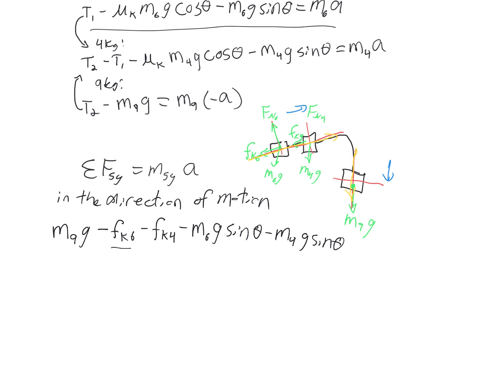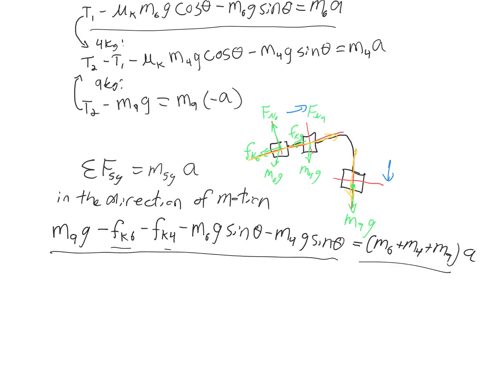Again, you have to substitute in for these forces of kinetic friction like we did last time, but those are all of the forces in this direction, and that equals the mass of the system. So that's all the masses added together times a. And so since these are all values you know, you can solve for the acceleration.